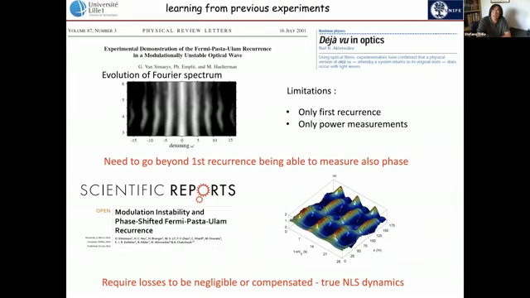Even if they are supposed to observe unshifted orbits, they always get into shifted orbits. And now we understand this is due to the losses. So if you want true NLS dynamics, you have to compensate for the loss. And in optics, you can do this.